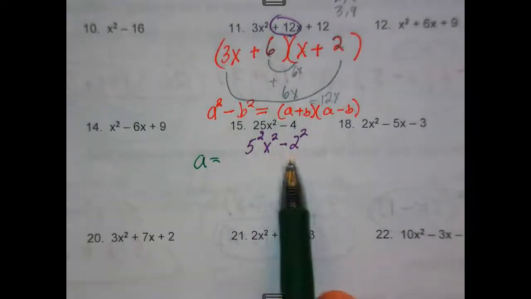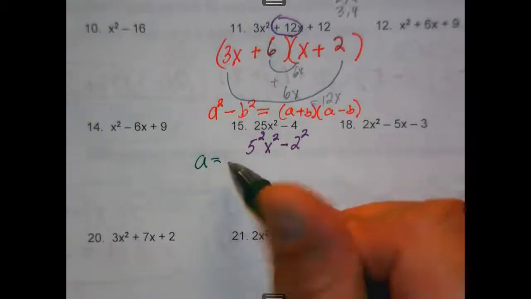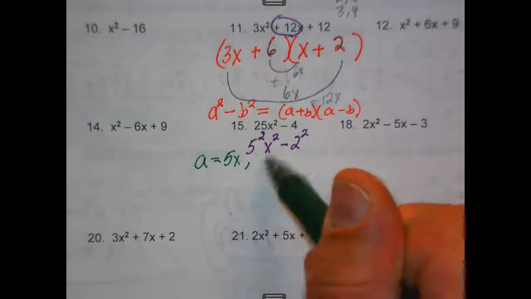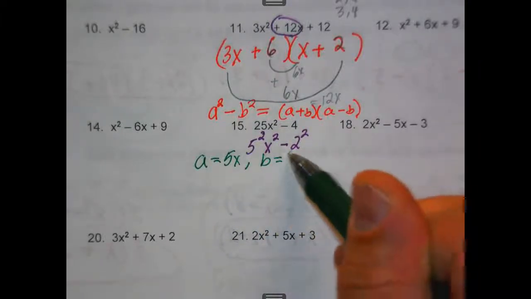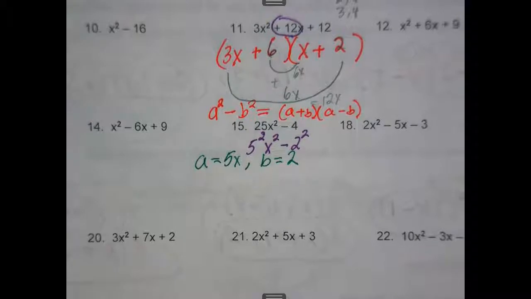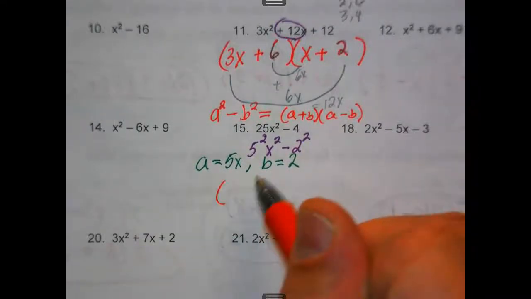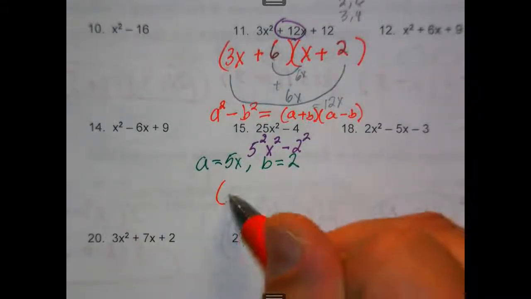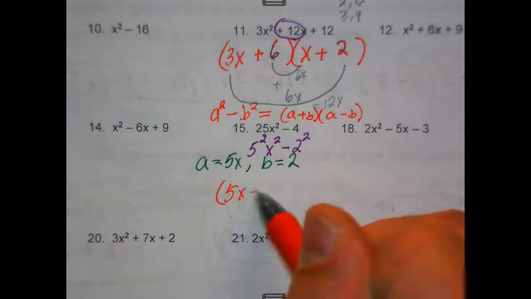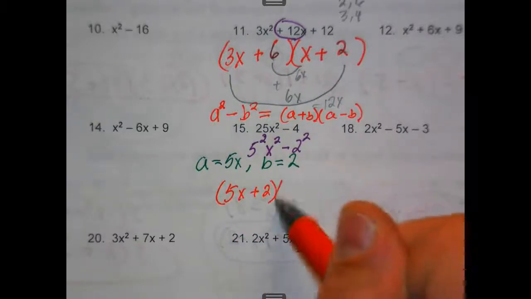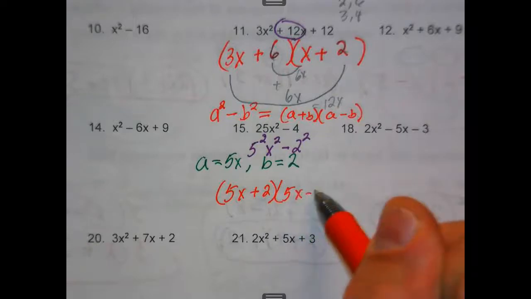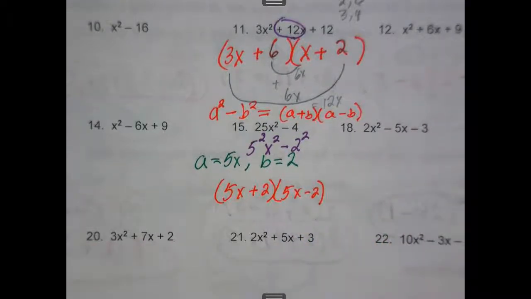The base of these. So my A is 5x. My B is 2. I could just go ahead and put it in factored form. A plus B, so 5x plus 2, 5x minus 2. Shortcut.